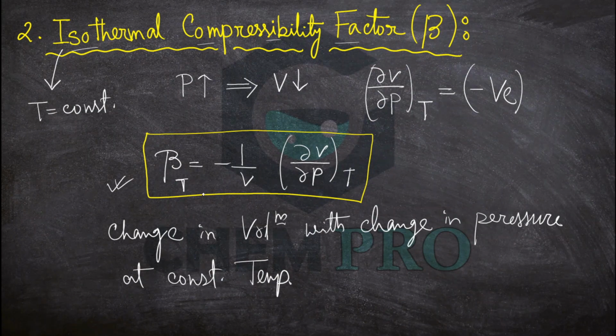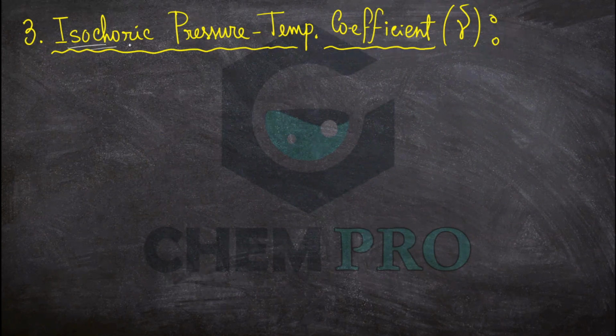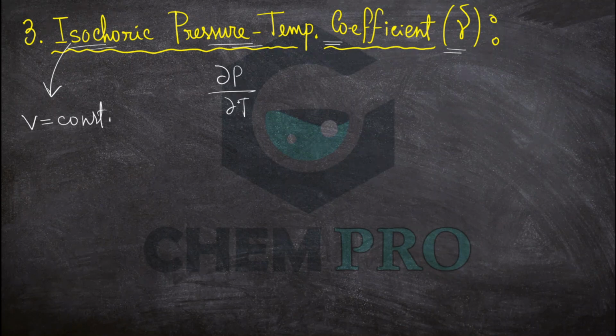The next is the isochoric pressure temperature coefficient, and it is denoted by gamma. From the isochoric part the volume is constant here, and the pressure temperature coefficient is del P by del T at constant volume.